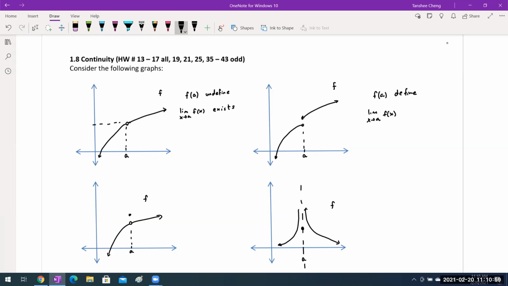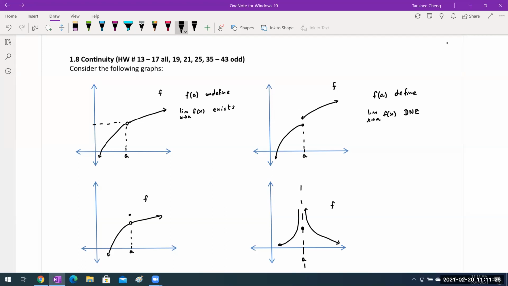So far we see two pictures: in one, the limit exists but the function is not defined; in the other, the function is defined but the limit does not exist. It could also be the case that the function is not defined and the limit does not exist, which is a hole right there as well.